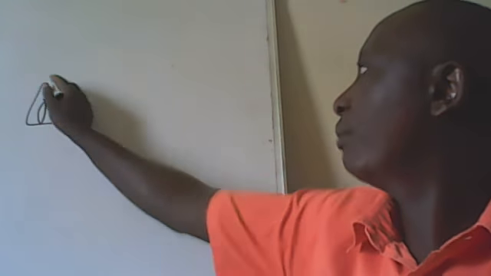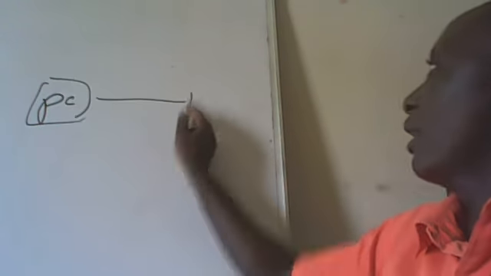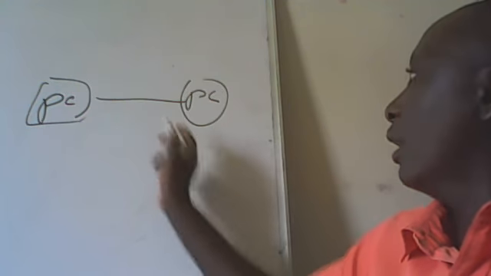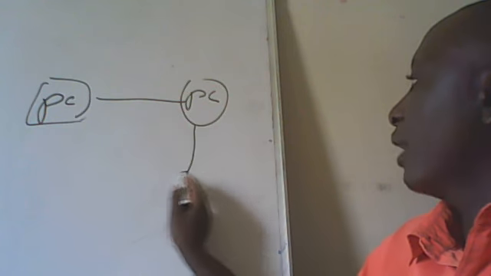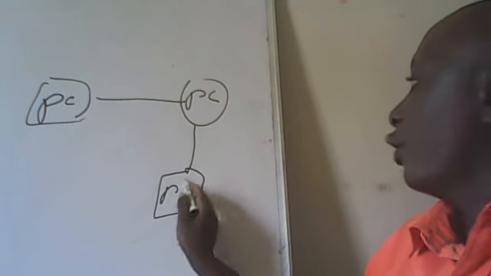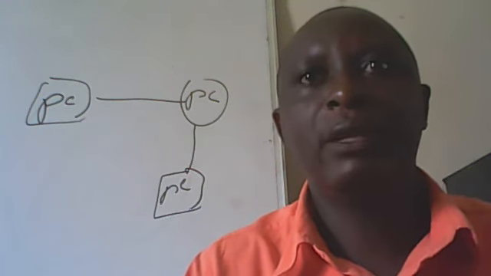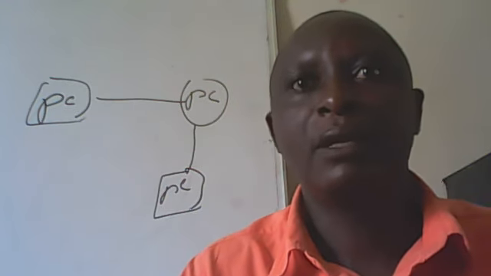This is one PC, and I can interconnect it with another one here. That's another PC. I can still interconnect it with another one here. So this is interconnecting with so many of these devices.